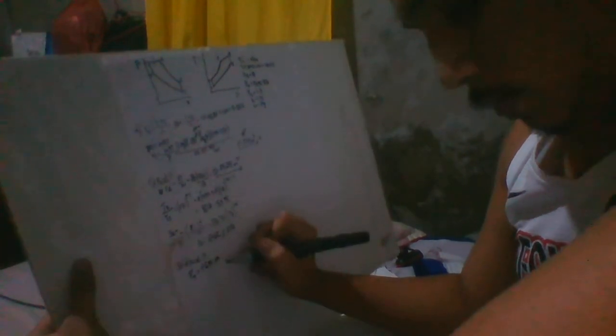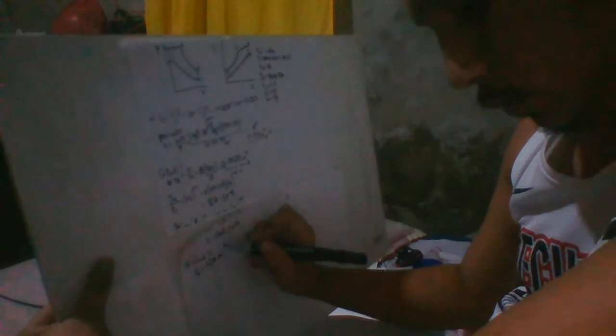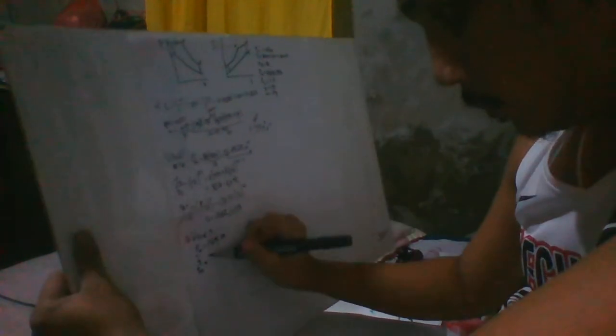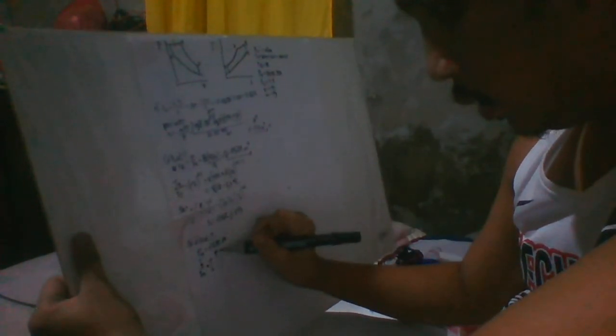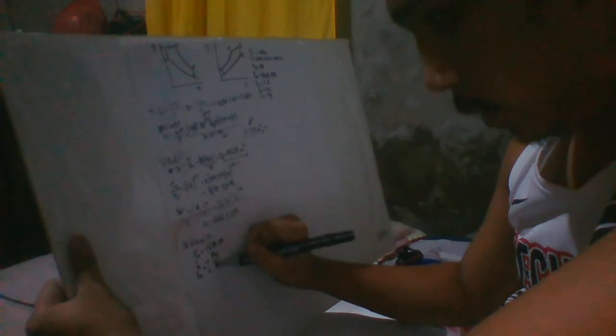So pressure 3 is 7,695 kPa. Next we will look for temperature 3 by the relationship studied in thermodynamics: temperature 3 over temperature 2 is equal to P3 over P2.